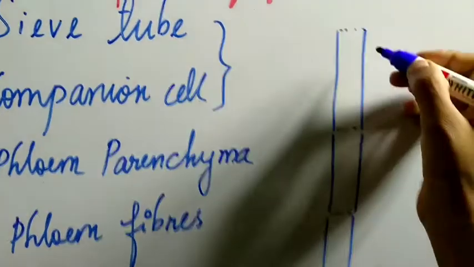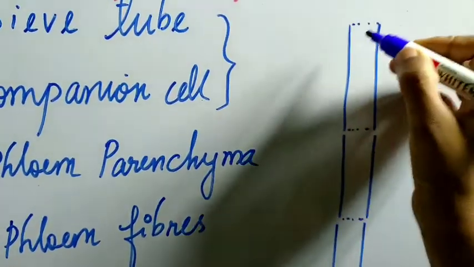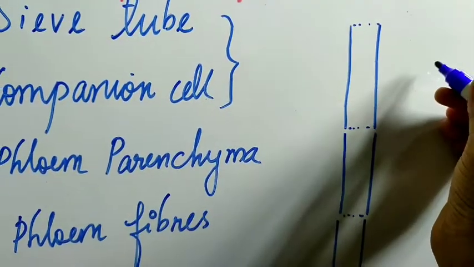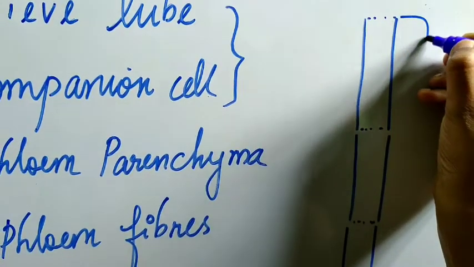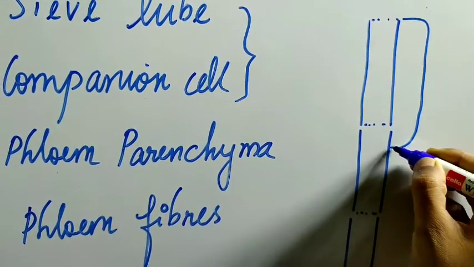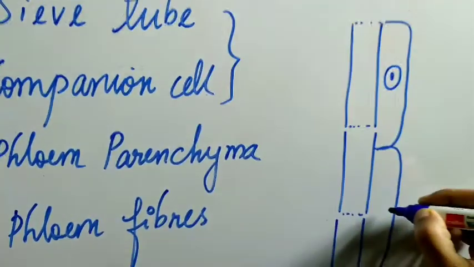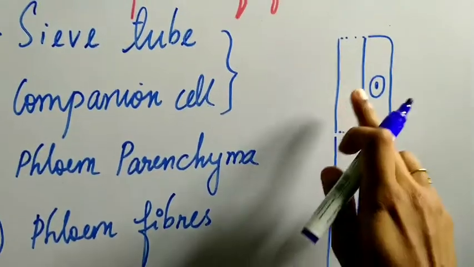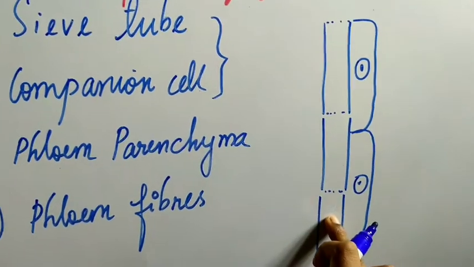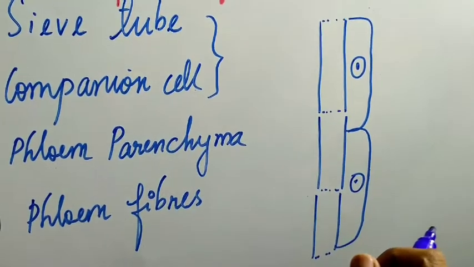Okay, very adjacent to the sieve tube is present the companion cell. Now these sieve tubes are dead cells. Companion cells are living cells.